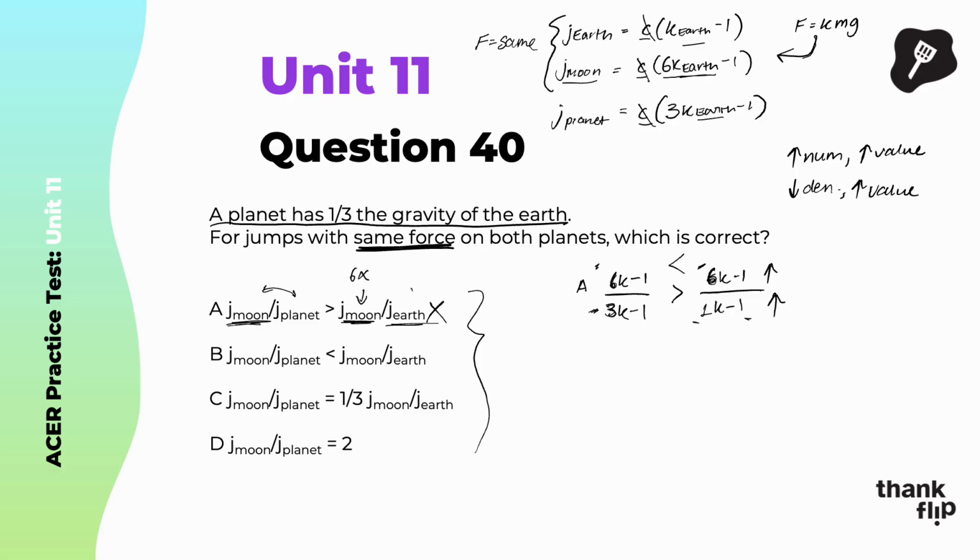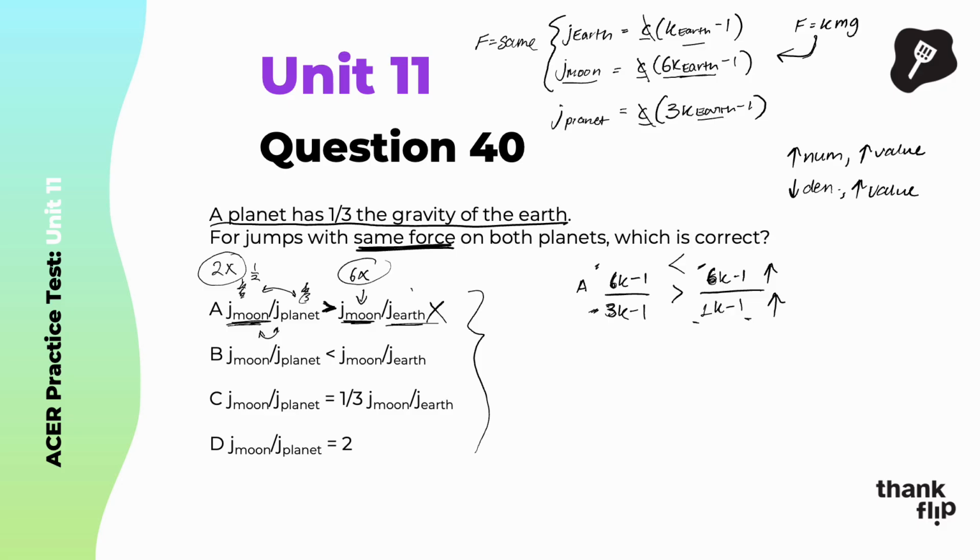And then over here, it's a similar situation. You have 1/6 and 1/3. So if you're comparing these two, the gravity on the moon is half of that of the gravity on this planet, right? So you're going to probably jump around 2 times as high. And so this 2 times as high is not nearly as big as 6 times as high.